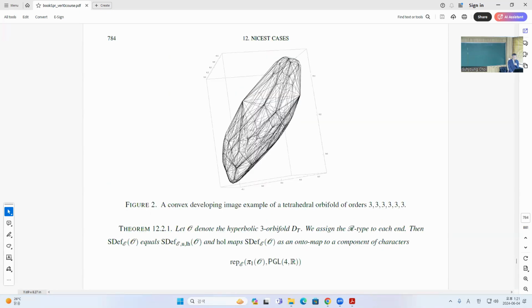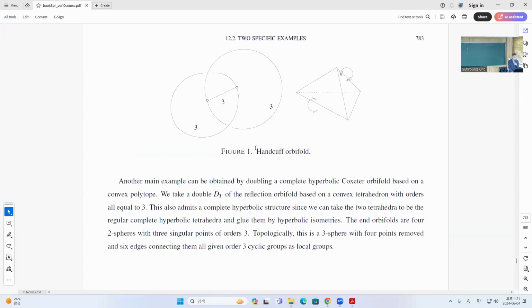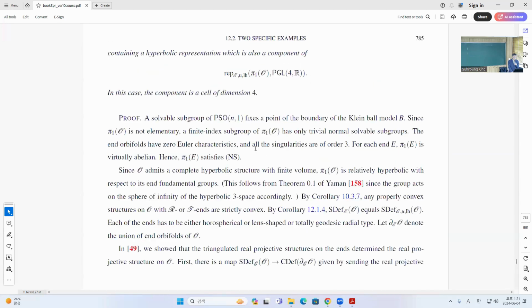Okay, so basically the proof is that you look at all the subgroups fixing points of the Klein model, then each end is actually virtually abelian.